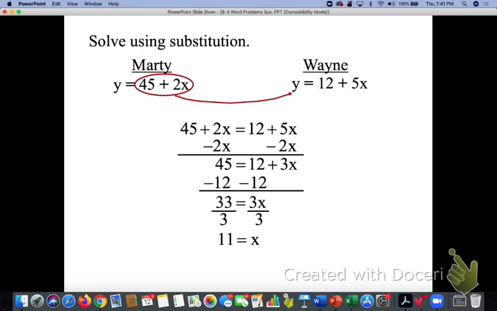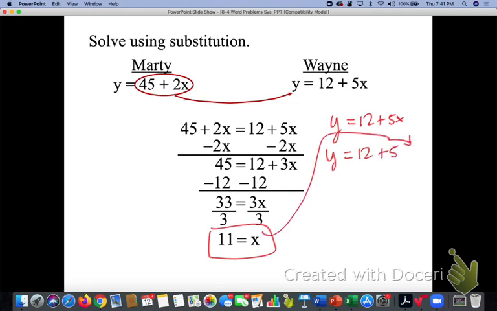Now, we guessed that our savings was about $68, so let's see the exact amount. You can choose either original equation. I'm going to choose this one right here, y equals 12 plus 5x. And I'm going to substitute in. We know that x equals 11, so 5 times 11, and we get y equals 12 plus 55.